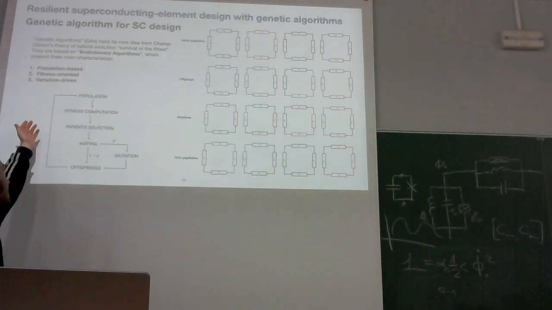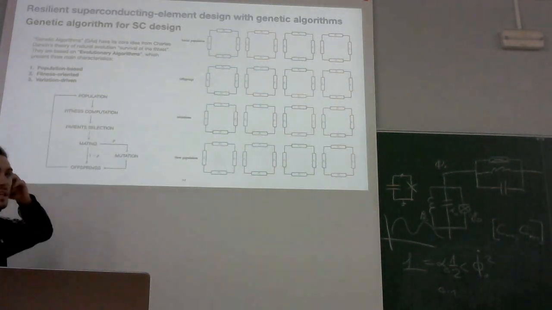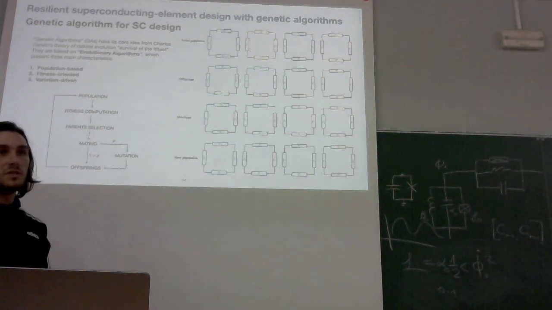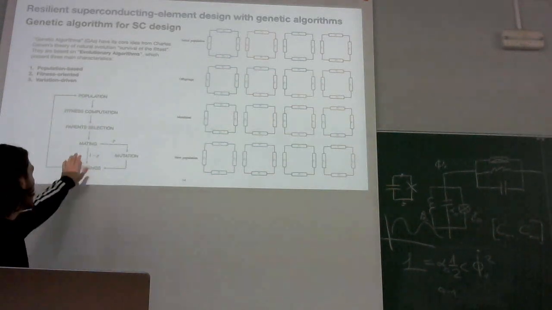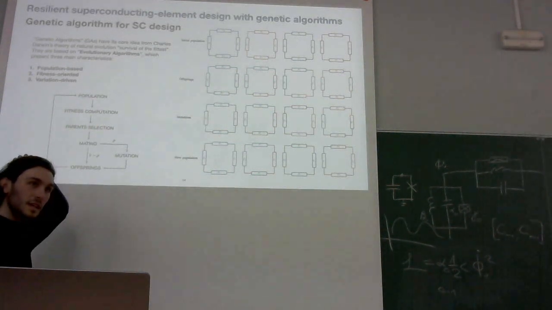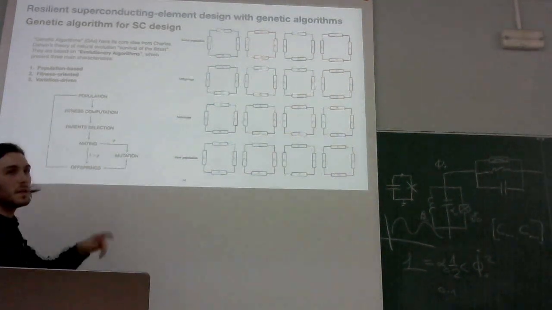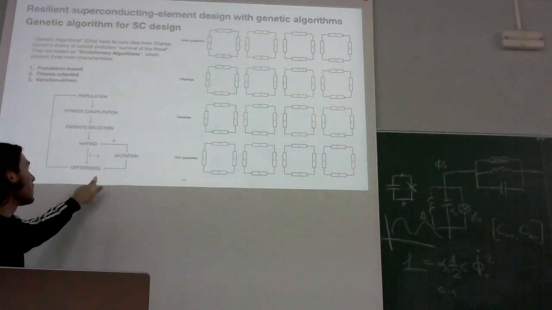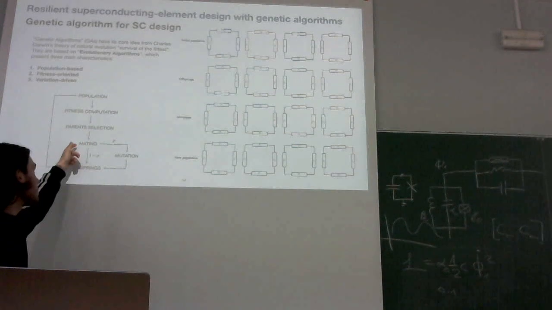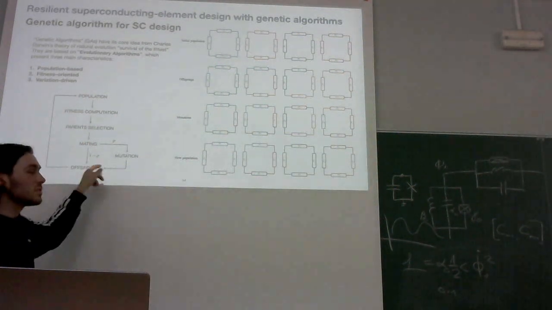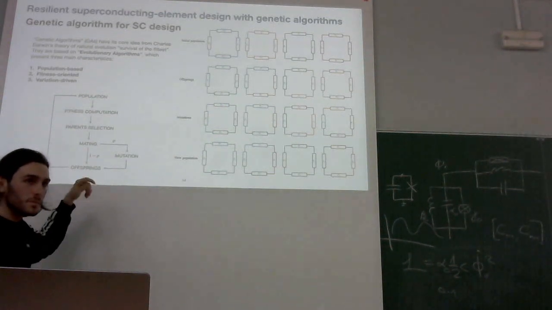So the process is like this: we build an initial population, we compute the fitness, how good each of the solutions is. We select the best solutions, which will be the parents of this generation. So we combine the best solutions with each other to generate the offspring, or the next solutions. In this process of combining, we assign a small probability to mutations, so there is an extra change.